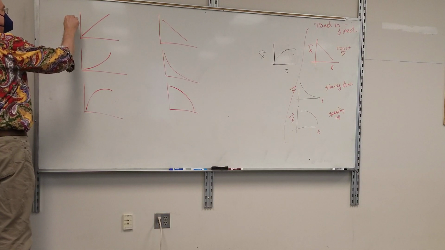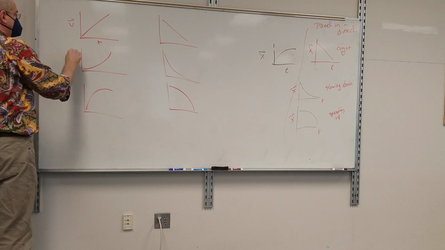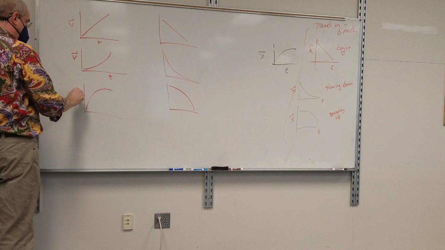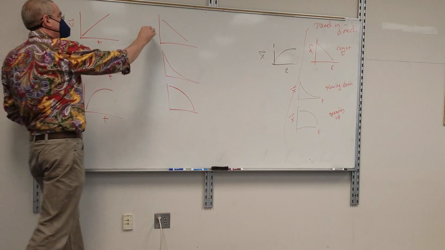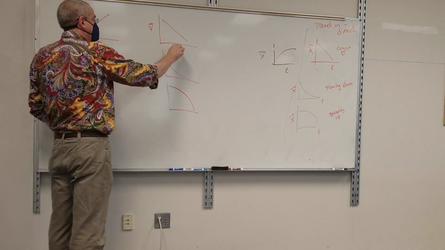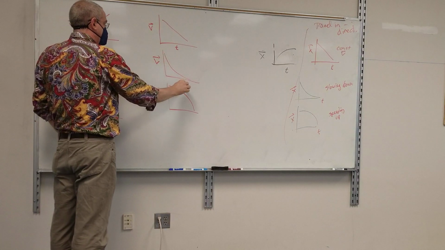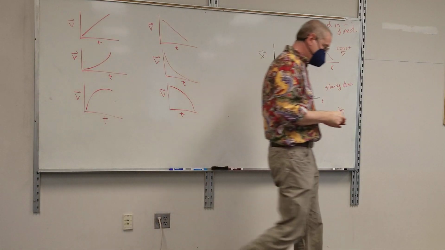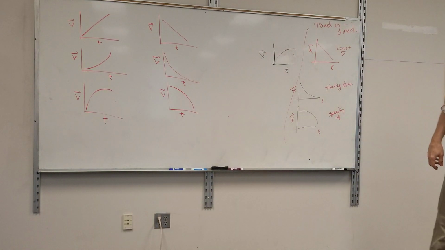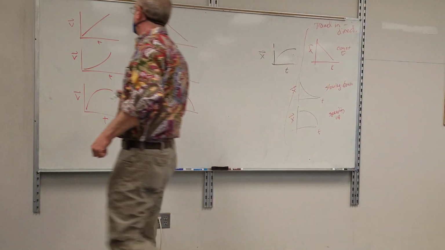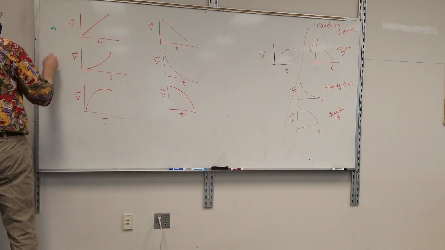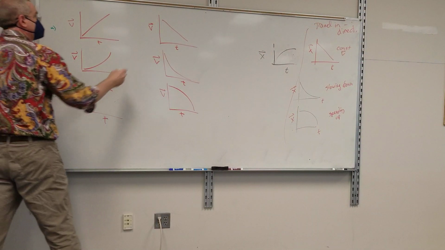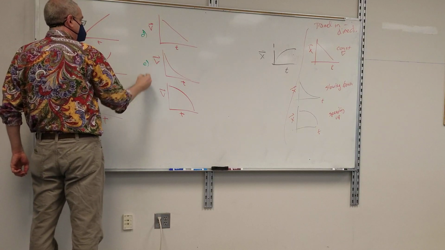Let's now make it velocity versus time. And just for point of communication, we'll call these A, B, C, D, E, and F.